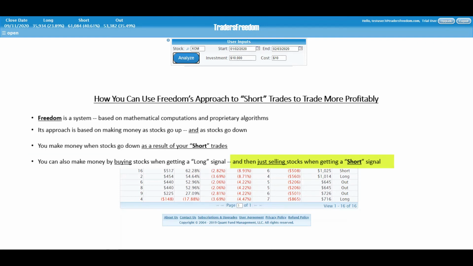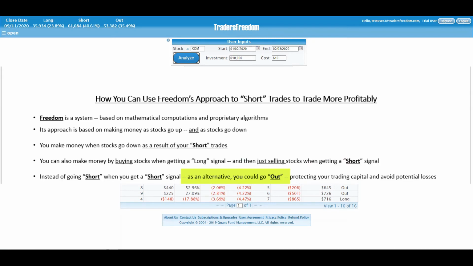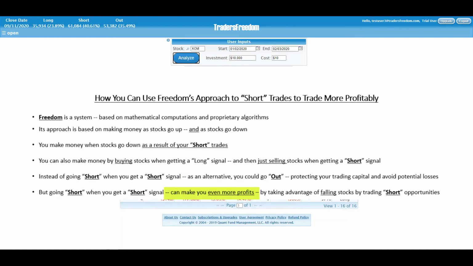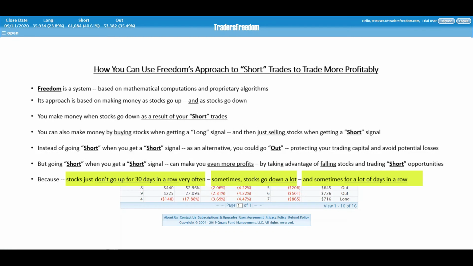Now, you can still make a lot of money using Freedom signals, following its long signals and buying the stock, but instead of going short when you get a short signal, just getting out to protect you against the drops in stock prices. But you can make even more money if you use Freedom signals and make its short trades as well. Because in spite of what you may have heard, stocks don't always go up.